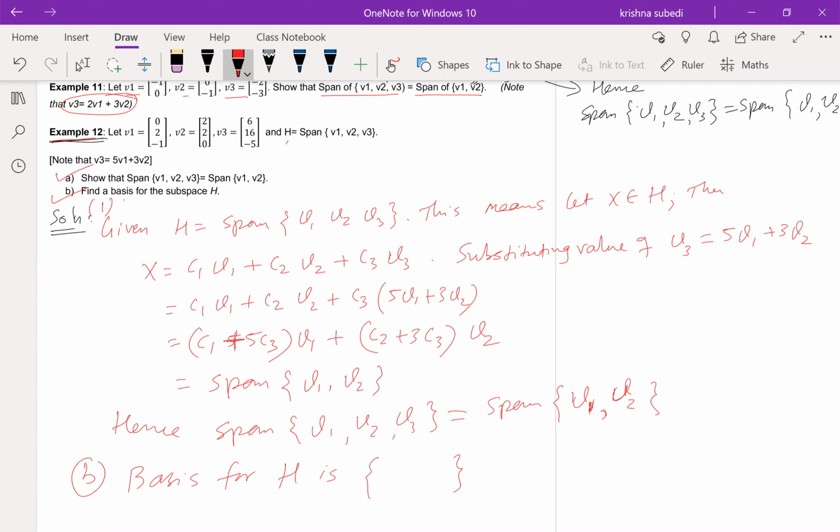V1, V2. Yes, so V1 and V2 form the basis for H. That's it. Because V1, V2, V3 is actually the same as V1 and V2, there is one unnecessary vector in the first set, which is actually V3. So the basis for H is this one. Done.